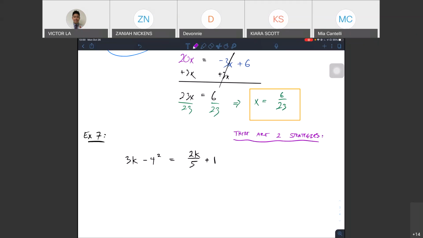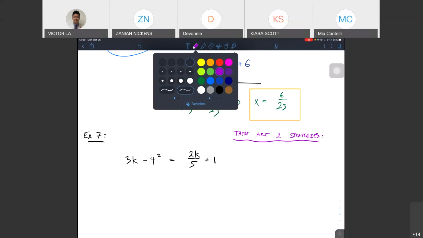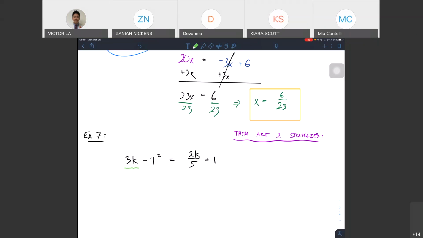Because hopefully people recognize that the crappy thing is that you got, let me underline this here, a variable here and a variable here, but it's not simple because you got the 3k, which is simple, but you got that 2/5 k, or 2k over 5, that's in a fraction, and that's not simple. So there's 2 ways to get rid of this. Anyone remember?